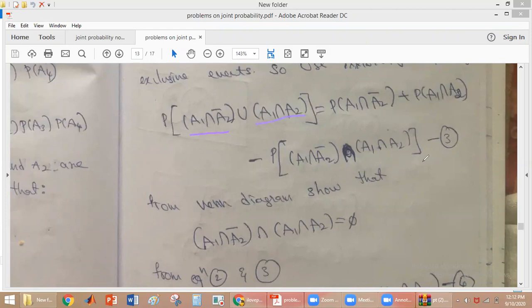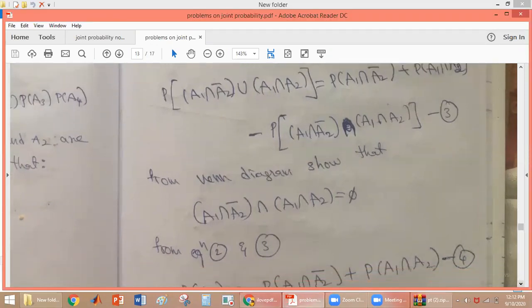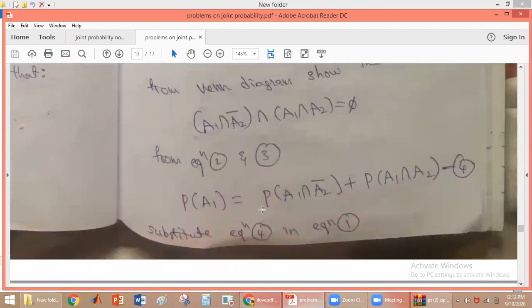Now we substitute this equation in the second equation. If you substitute that in the second equation, we will be getting what? A1 intersection A2 will get cancelled, so we will be getting probability of A1 intersection A2 complement plus probability of A1 intersection A2.